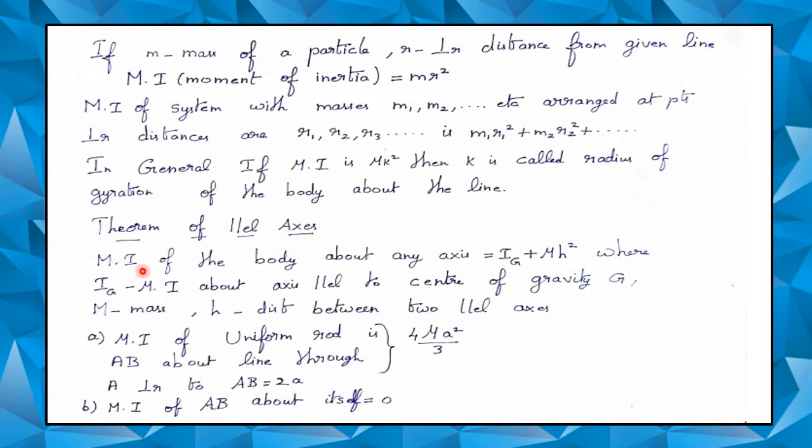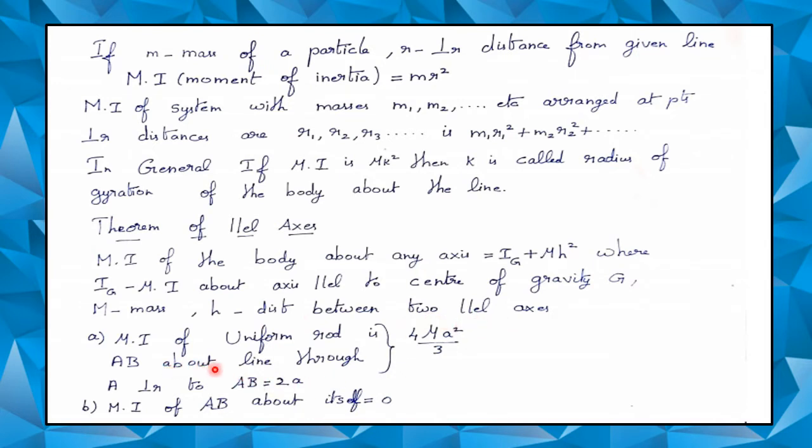This theorem states that the moment of inertia of a body about any axis is equal to the moment of inertia about the parallel axis through the center of gravity, denoted I suffix g, plus m h square, where m is the mass and h is the distance between the two parallel axes.